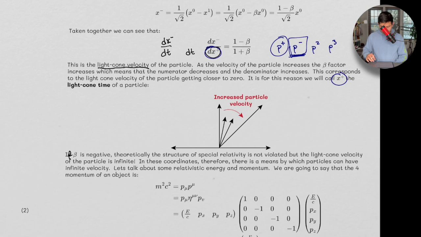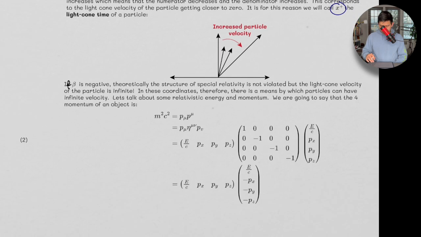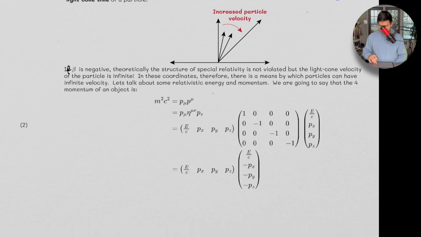So in these coordinates, therefore, there is a means by which particles can have infinite velocity, okay? That's just something to note. We'll come back to it later.